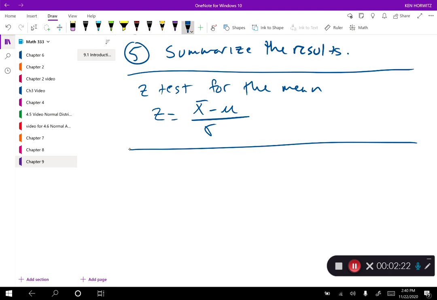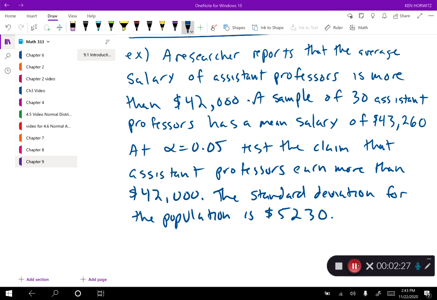All right, as promised, let's just jump into some examples. So the first example: a researcher reports that the average salary of assistant professors is more than $42,000 per year. A sample of 30 assistant professors has a mean salary of $43,260.